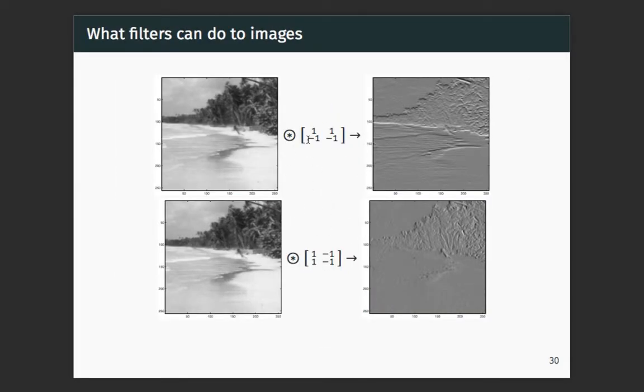More interestingly, when you apply convolution, you can use different weights. Here what we're doing, I might be wrong here, but we're taking the neighboring pixel on the top minus the pixel, no, sorry, the current pixel minus the pixel on the bottom of you.